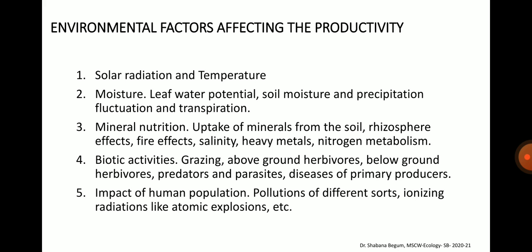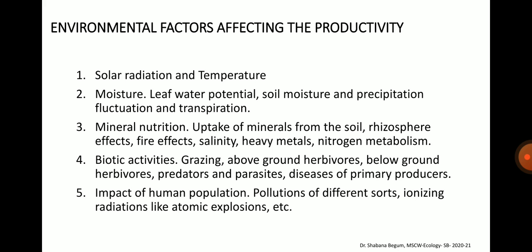Some of the environmental factors which affect the productivity are solar radiation and temperature. Next, the moisture, that is the leaf water potential, soil moisture, precipitation fluctuation and transpiration.